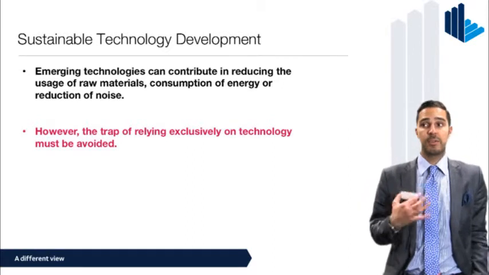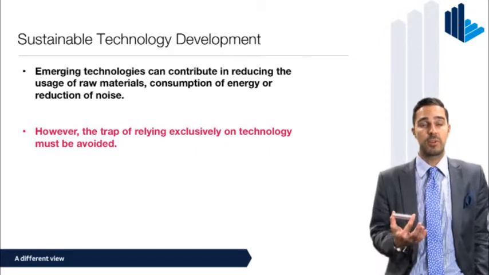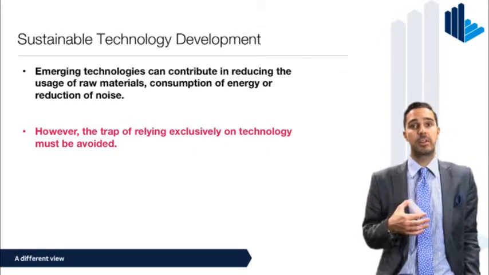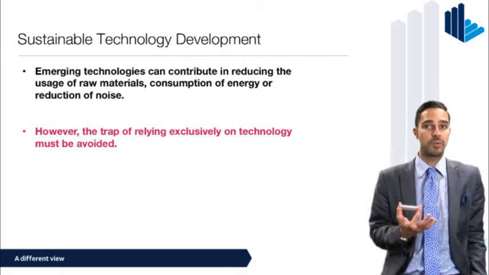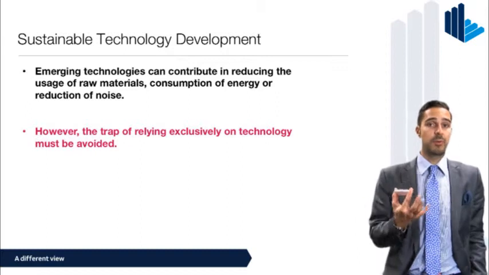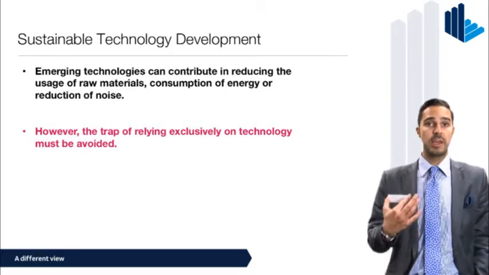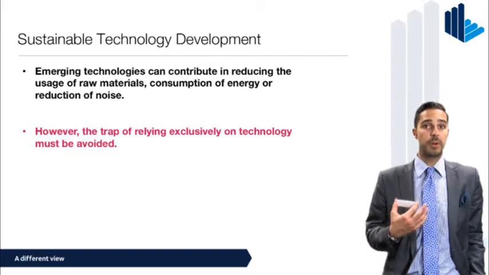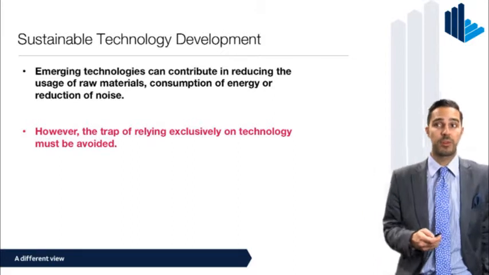But we don't have to rely exclusively on technology, because sustainability is not a technology problem. Sustainability calls for an integrated approach, and part of this approach is about rethinking the technologies we use in order to develop more efficient, sustainable operations and processes.